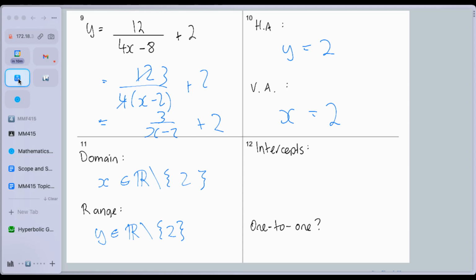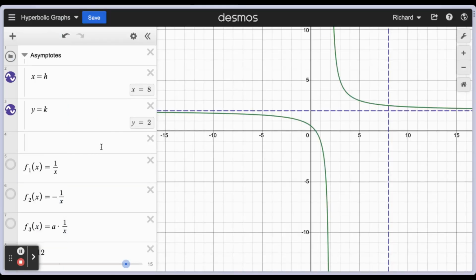So generally speaking, the domain, I'm not going to write this down, but the domain is going to be all real x except for h, and the range is going to be all real y except for k. Now it has intercepts. Okay, because we've changed the asymptote, I'll just quickly go back to the graph again, which I know is not quite right now, but don't worry about that.